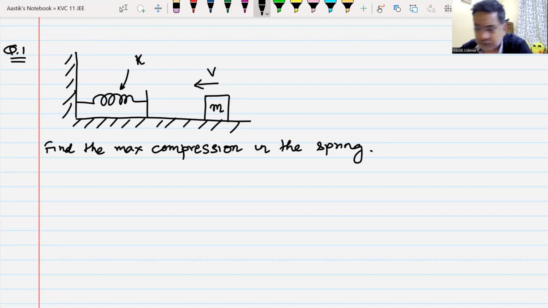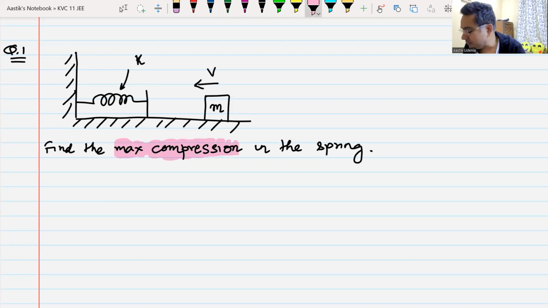When the block compresses the spring, what is the maximum compression? I'll give you 2 minutes to think about the problem, and if you can solve it, nothing like it. Your time starts now. Please try it. So how are you going to do it? You have to find the maximum compression in the spring. When will the spring be under maximum compression?